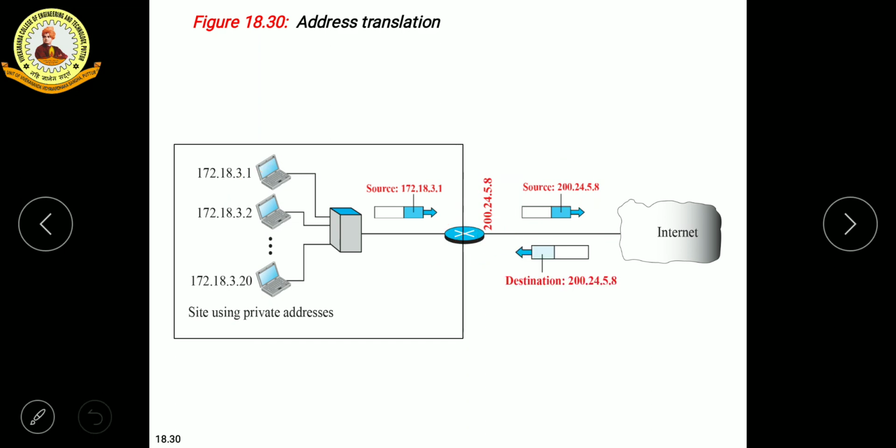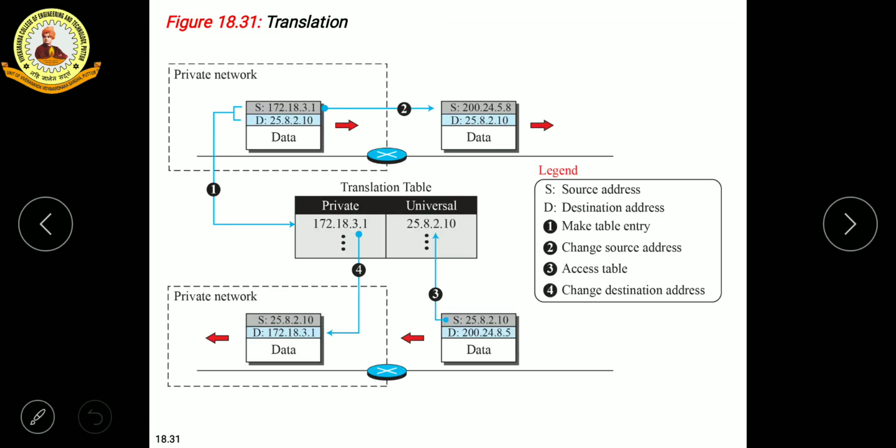Whenever a packet comes from the outside internet with destination IP address 200.24.5.8, the NAT router converts it into the respective private IP address. This is called the address translation process.